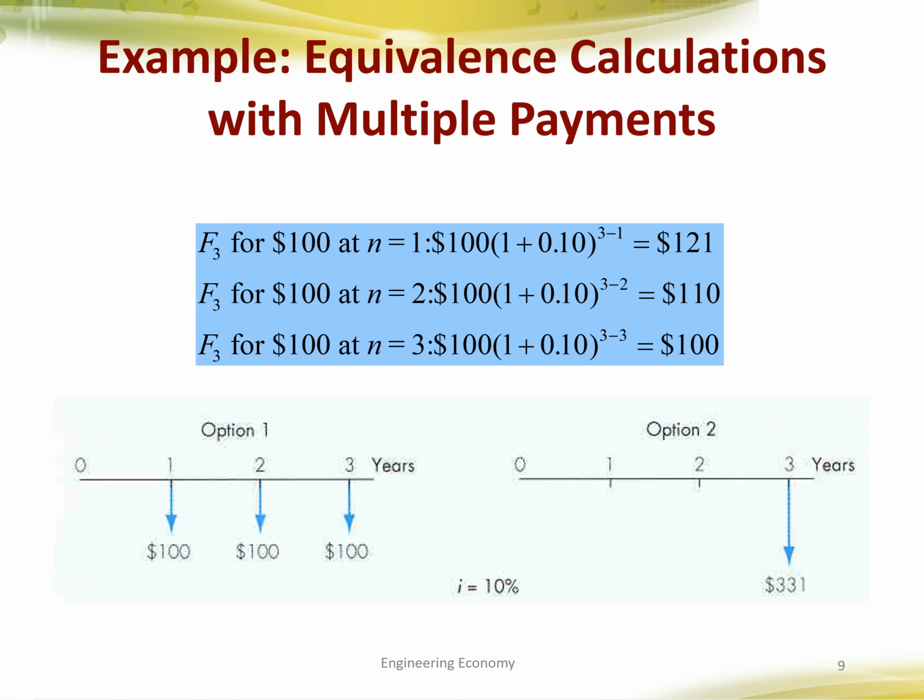So what we said is that these are three cash flows of the same value, 100. When we have an interest rate of 10%, it is equivalent to 331 at the end of the third year. So with multiple payments, we can convert them one by one to the same point and add them together, and that will give us the equivalent value.